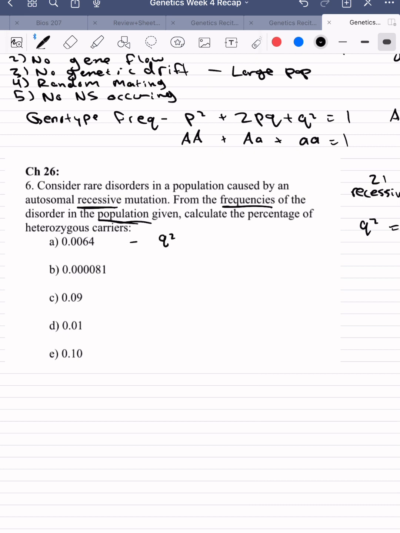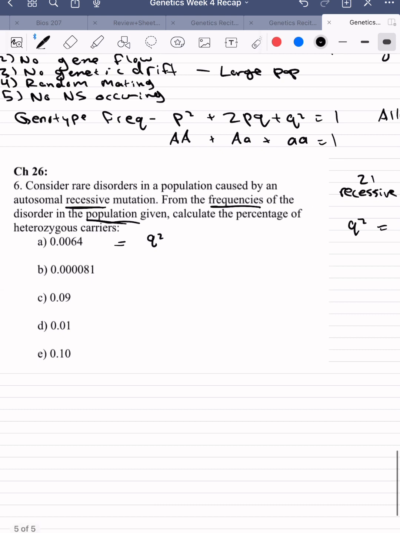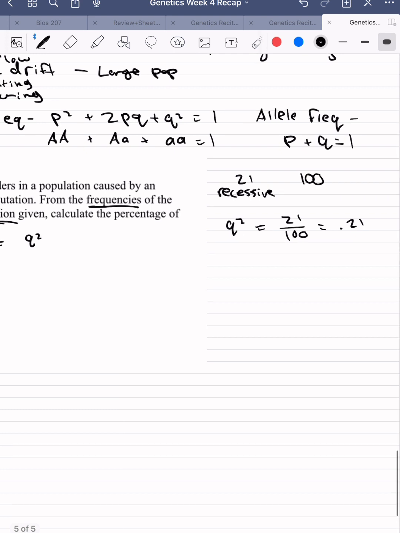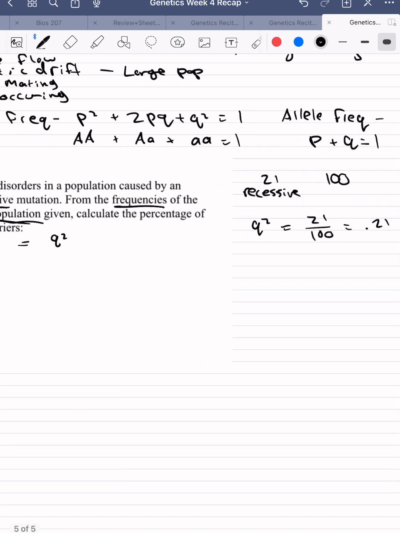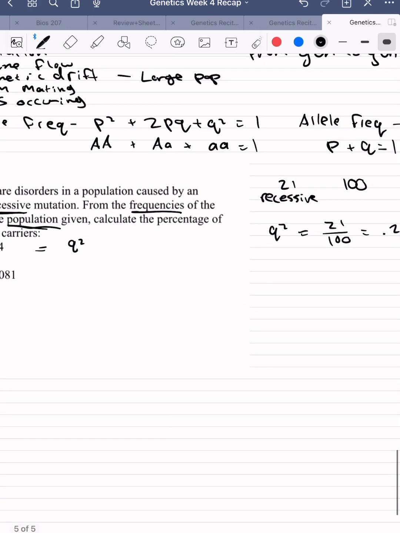So q squared equals 0.0064. They want us to find the amount of heterozygous carriers in the population. So we would have to take q squared, find the allele frequencies, and then plug those allele frequencies into pq in order to get the frequency of heterozygous individuals in the population.